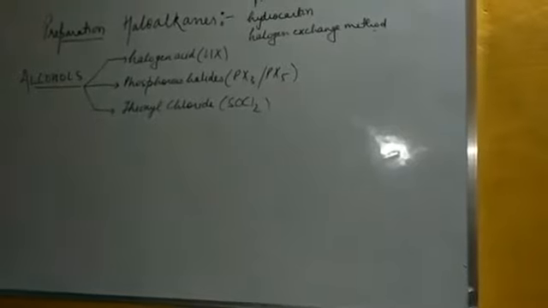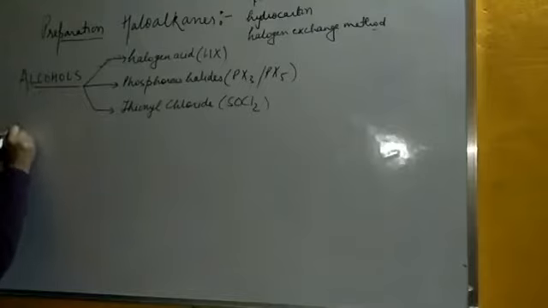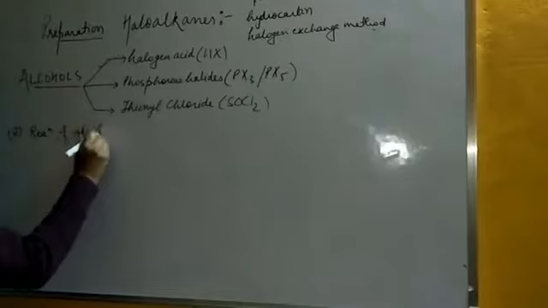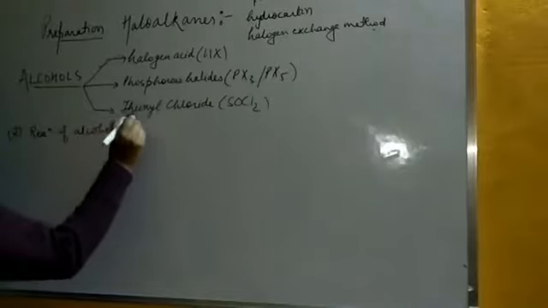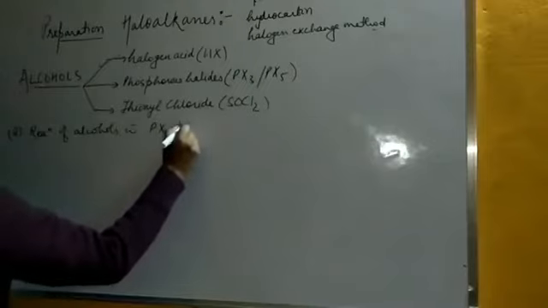So we have just discussed the preparation of haloalkane from the halogen acid HX. Now we will discuss the preparation of haloalkane from the phosphorus halide. So second is the reaction of alcohols with phosphorus halide PX3 or PX5.